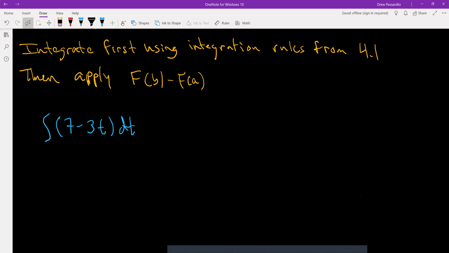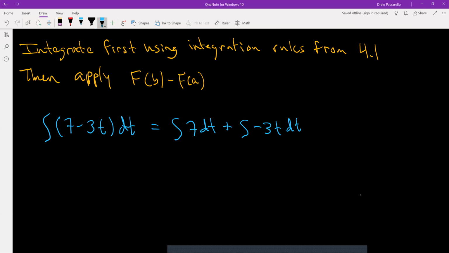If we're going to integrate this, you can break it up as the integral of 7 dt minus the integral, so I guess plus the integral of negative 3t dt. All right, so I'm going to make this go step by step.